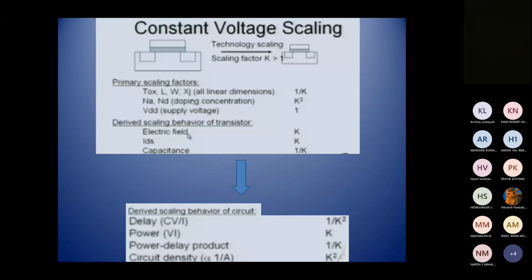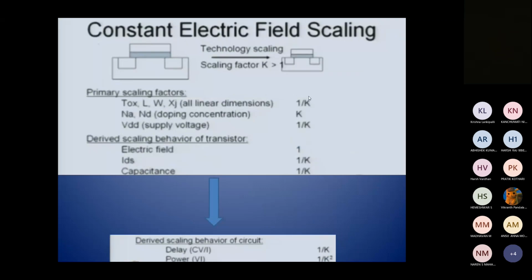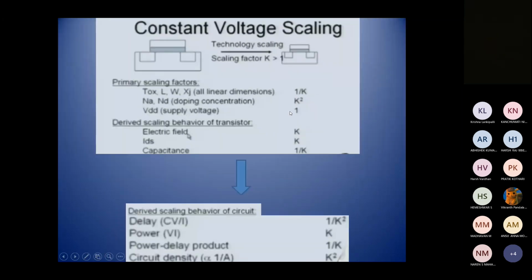Whereas if you can see here, the doping concentrations, Na and Nd, the acceptor and donor concentrations, are multiplied by k square. If we compare with constant electric field scaling, the doping concentration is multiplied by k, whereas in constant voltage scaling it is multiplied by k square.